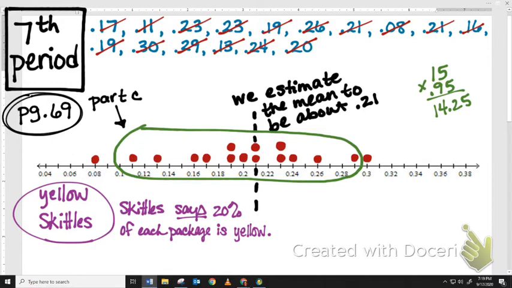This is part D. Part C was the dot plot, but again, they didn't give us a lot of room for that. So now we're talking about the question that's in part D, but our picture is also there.